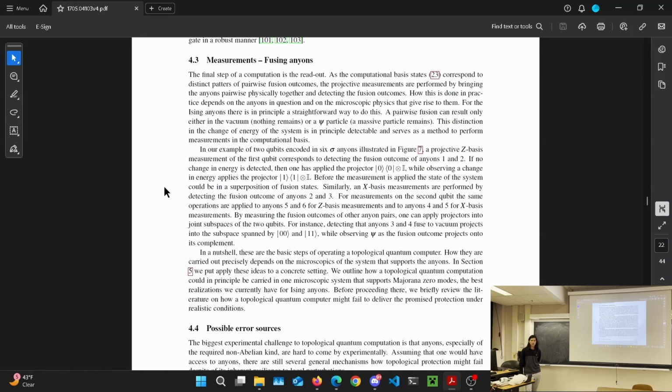The starting state is how they could fuse. So that's defined by how you define the model. Okay, that makes sense.